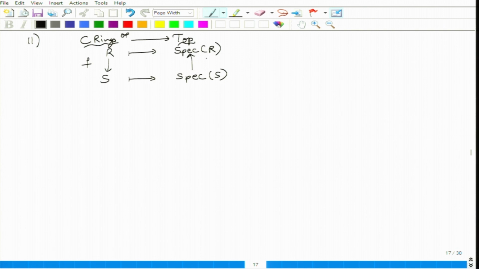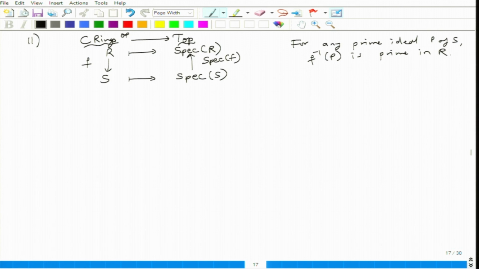This is called, I am just going to write it as Spec F, and this happens because for any prime ideal P of S, F inverse of P is prime in R. The inverse image of a prime ideal is a prime ideal, and therefore the map naturally goes in the opposite direction.